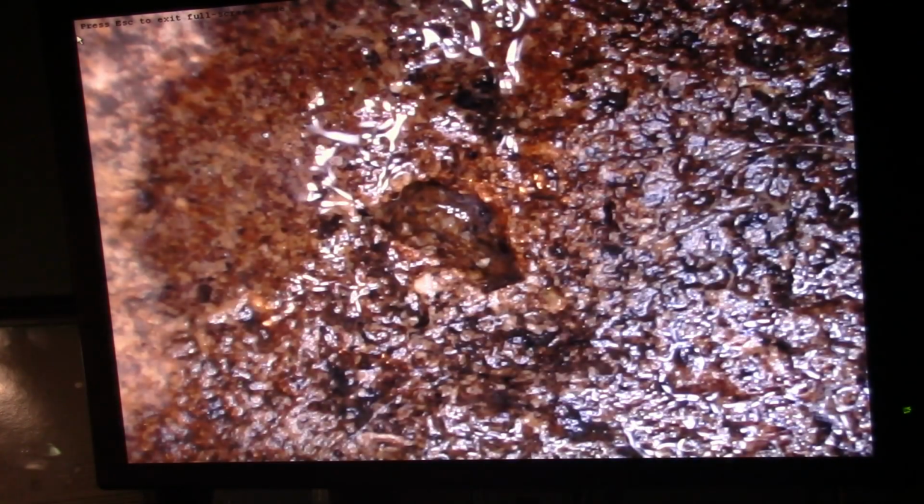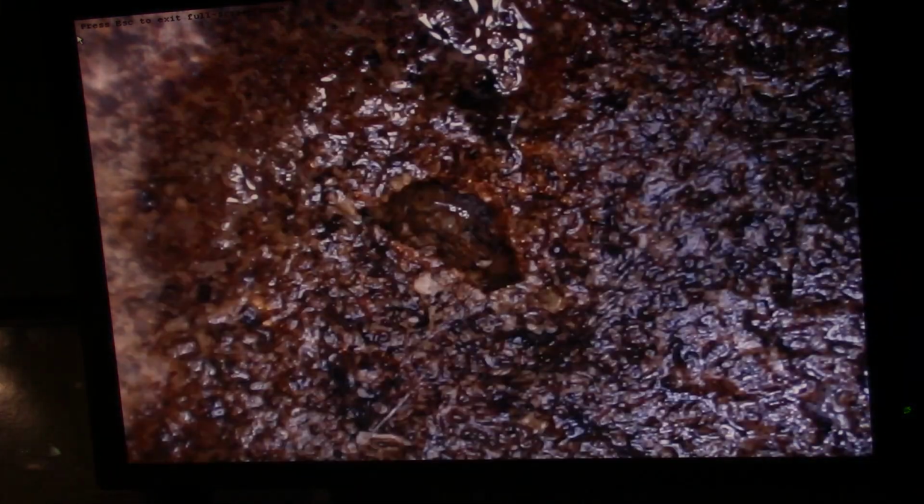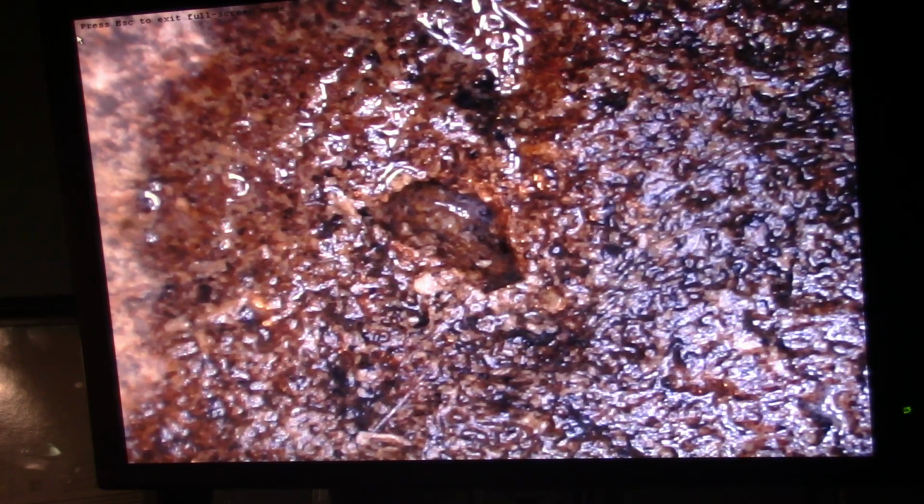I believe that's right where the blood vessel is right there. Let me clean that off a little bit. All right, now we can see down inside.